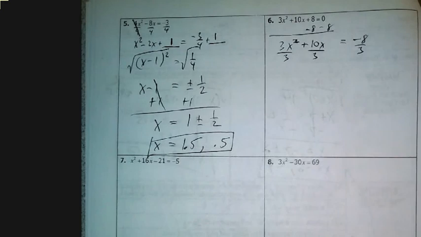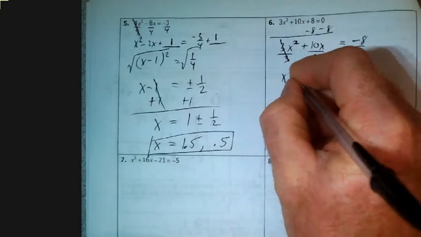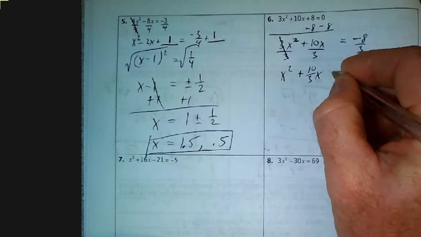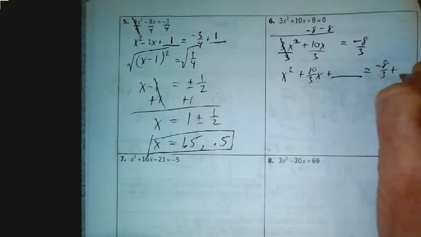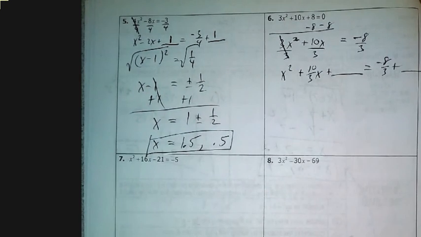Alright, so now we've got x squared plus 10/3 x plus a blank equals negative 8/3 plus a blank. Okay, this is where it gets ugly. We have to divide 10 over 3 by 2.